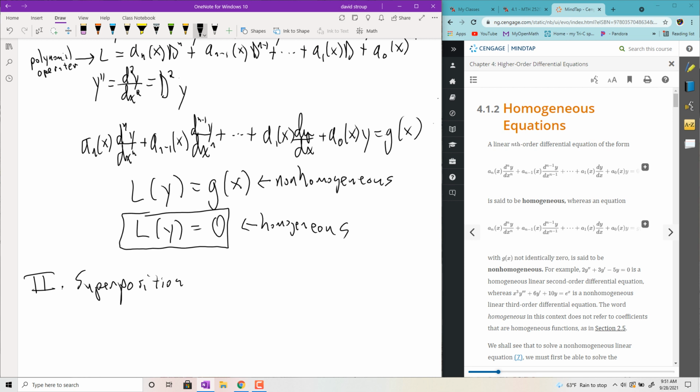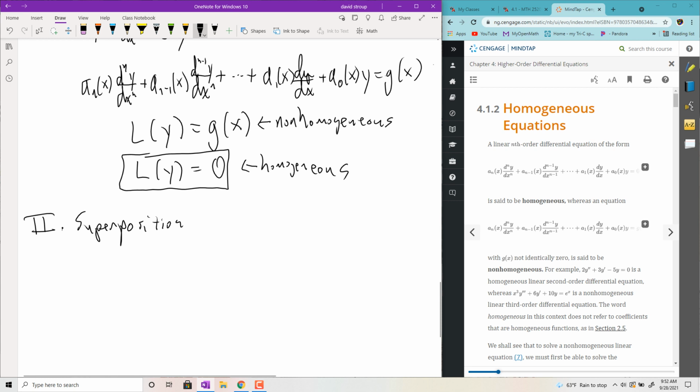Basically, if you're dealing with a force on an object, the force on an object is the sum of all the individual forces, right? And they consider that superposition. In our context, if you have a bunch of solutions to a differential equation, you can add them together and multiply them by constants, and there'll still be a solution. And that's basically theorem 4.1.2.